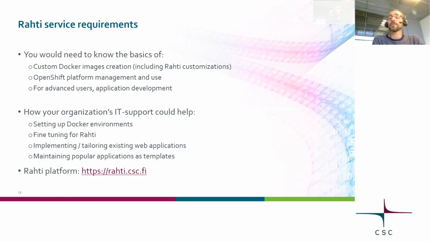And for that, we have some instructions in our GIS geocomputing GitHub that can help you at least to get started. Plus, you can check the OpenShift documentation itself and Rahti's. And I would recommend that you have some advanced application development skills, especially if you are going to be customizing your own Docker containers.